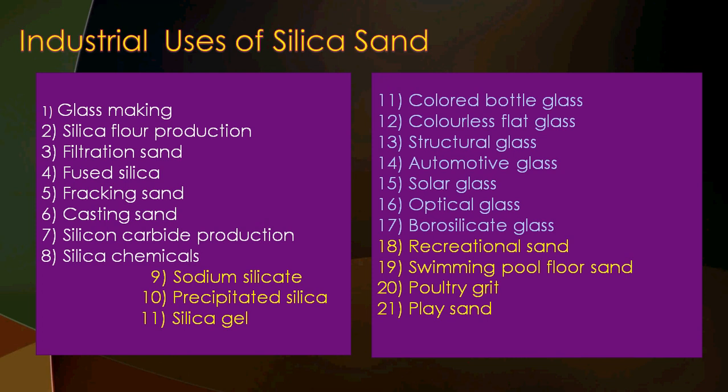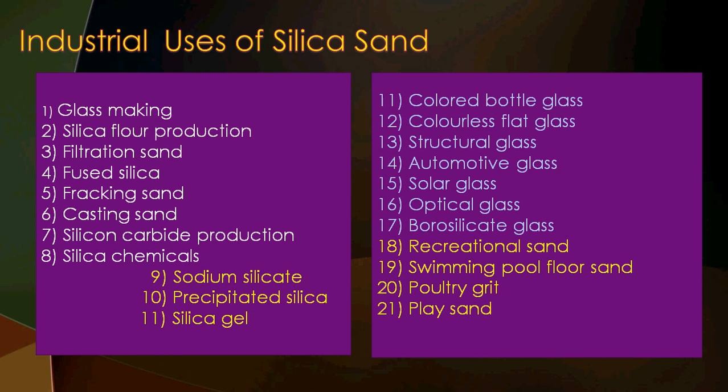Silica sand is also used to produce colored bottle glass like beer bottles and some perfume bottles. But to keep the consistency, we have to process the silica sand to good quality, and then we add a measured amount of coloring element into it, to keep the consistent color of the bottles.